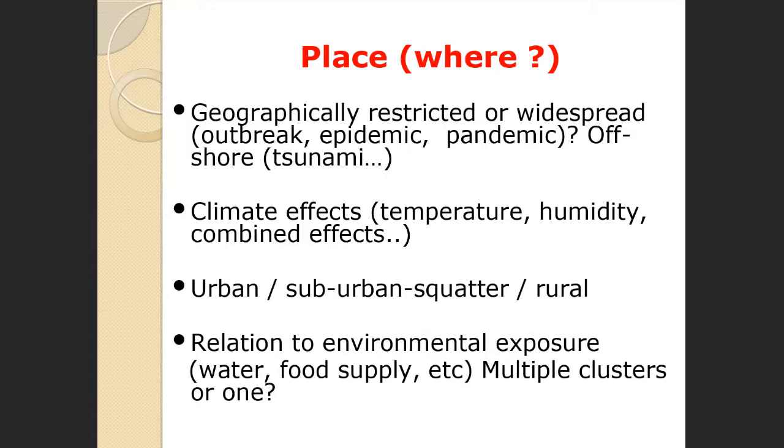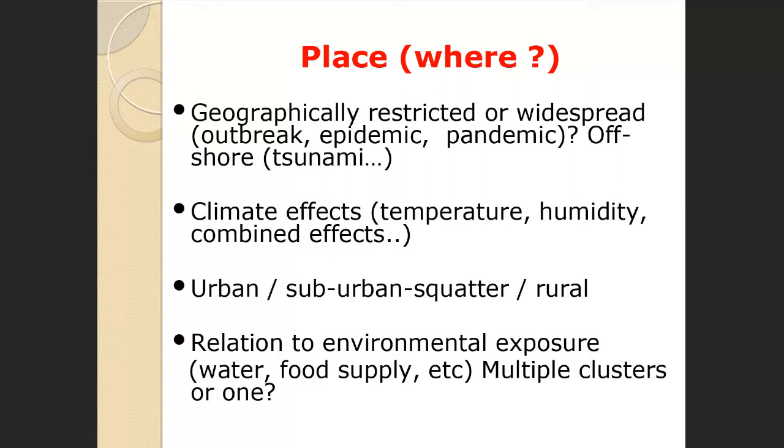The second one, place or where. Maybe we'll find some disease restricted to one area. For example, climate effects: some diseases are more likely in high temperature and high humidity climates, like malaria or dengue fever.